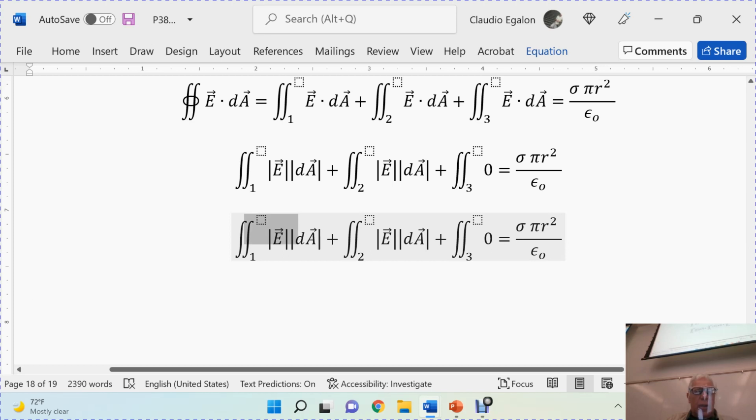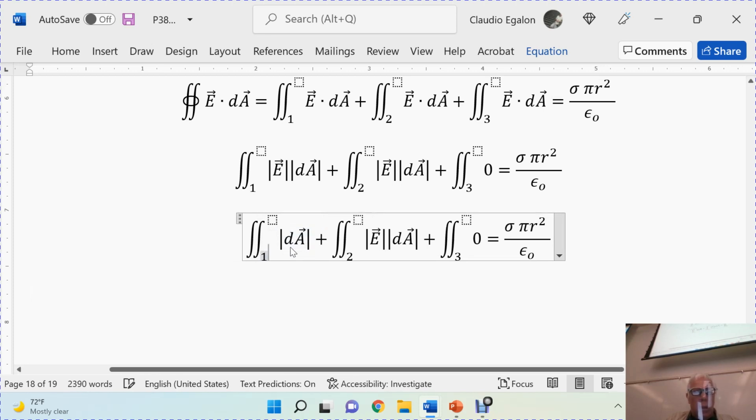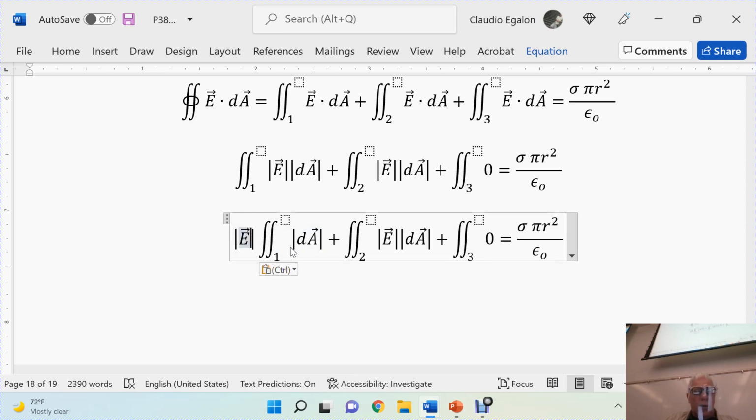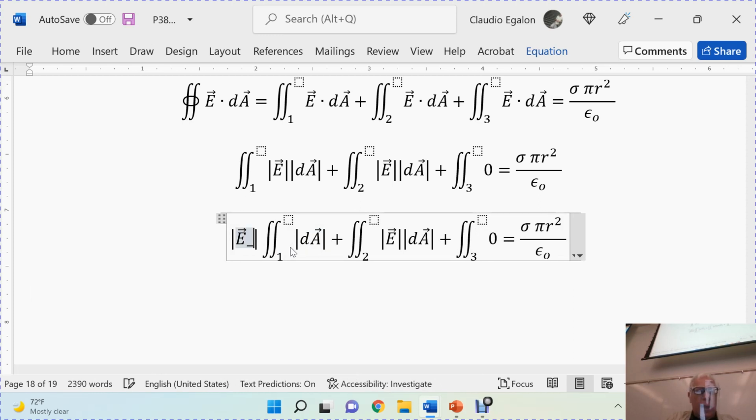We can take this E outside the integral, and because the E is now outside the integral, now we should put the subscript E1. We do the same for the other one, the second cap.